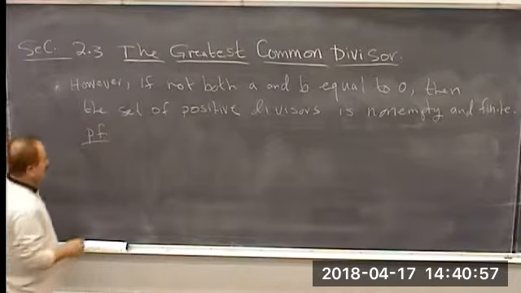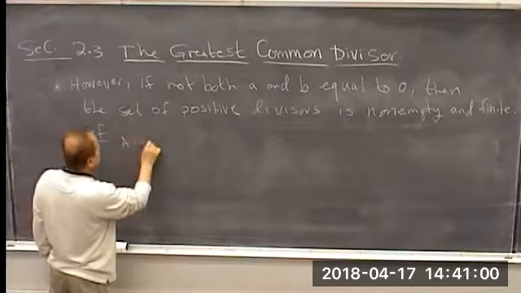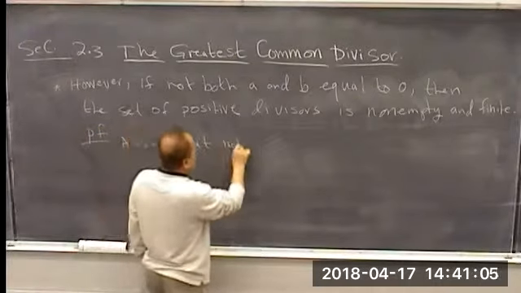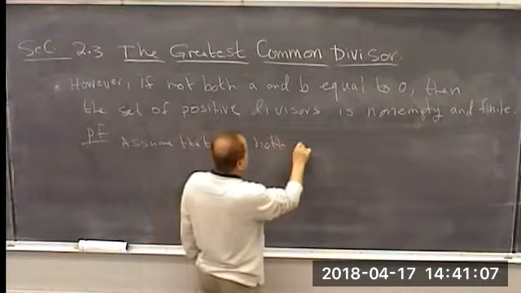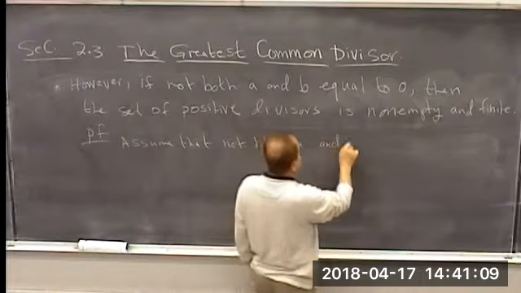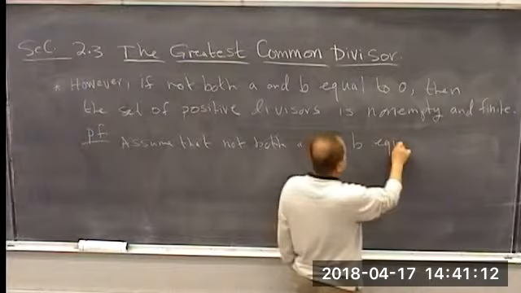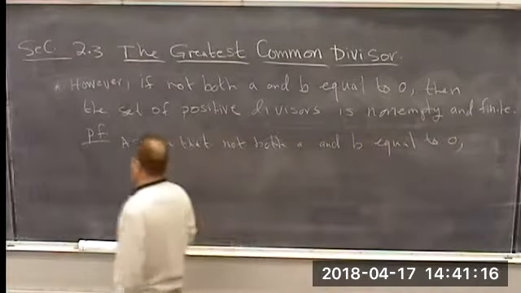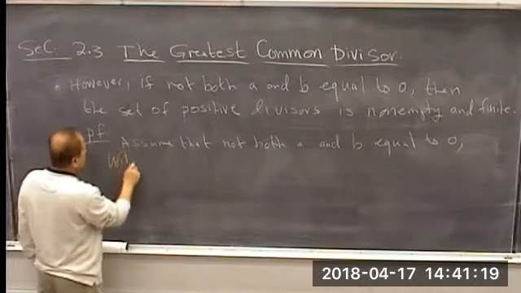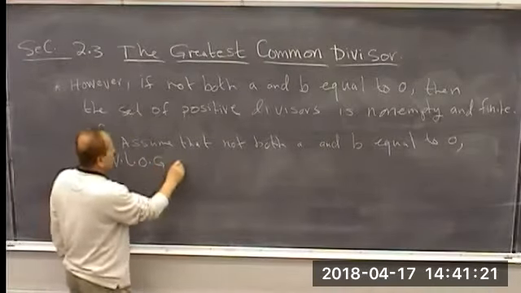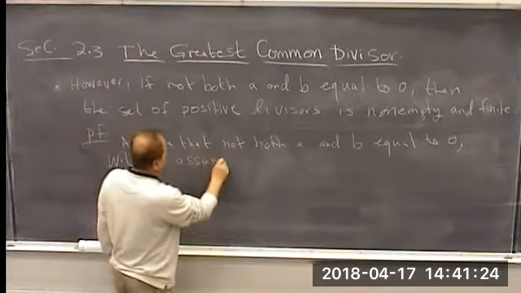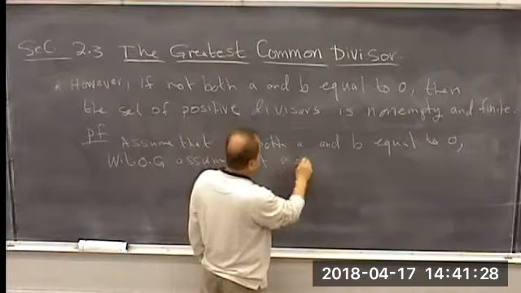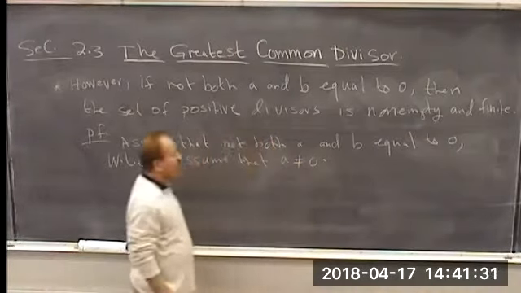So we're going to assume that not both a and b are equal to 0. And without loss of generality, let's assume that a does not equal 0.